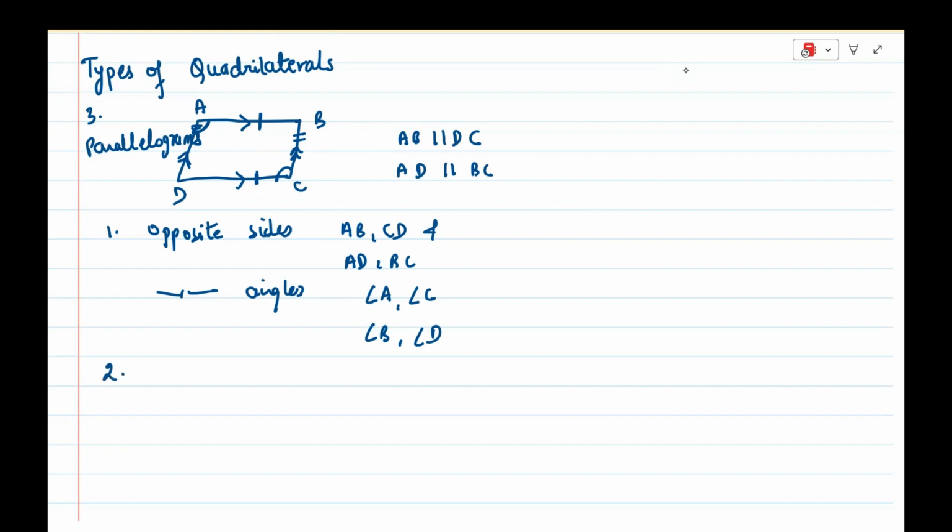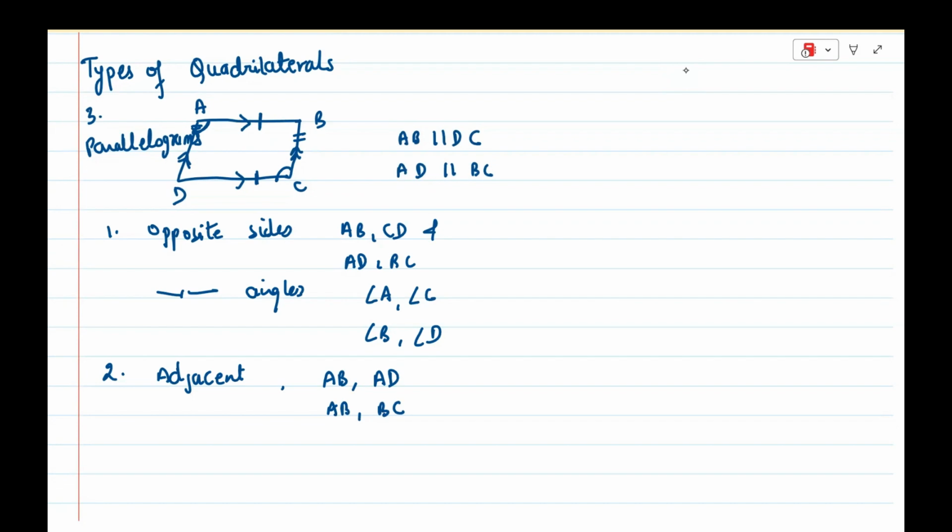The second term we need to understand is adjacent. Adjacent means neighbor. So there are two adjacent sides, in fact there is another pair also. If I take AB, AB has adjacent side AD, and AB also has adjacent side BC.